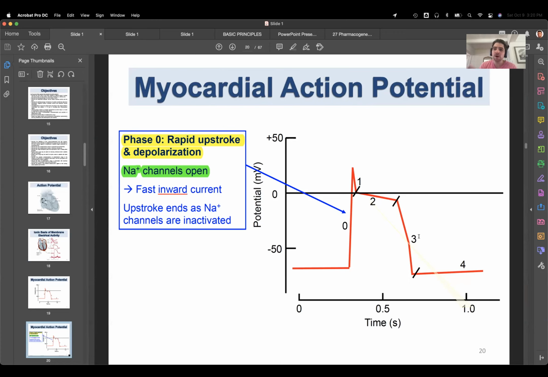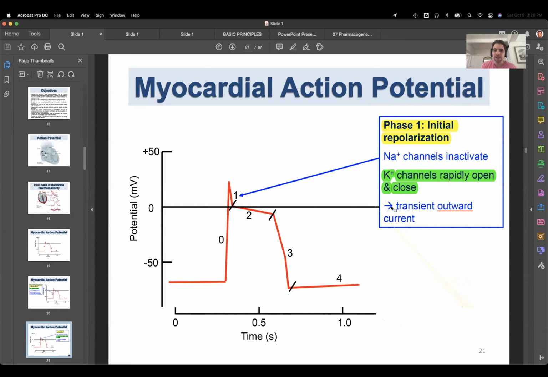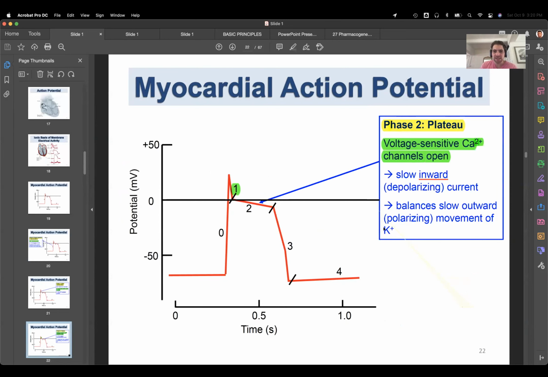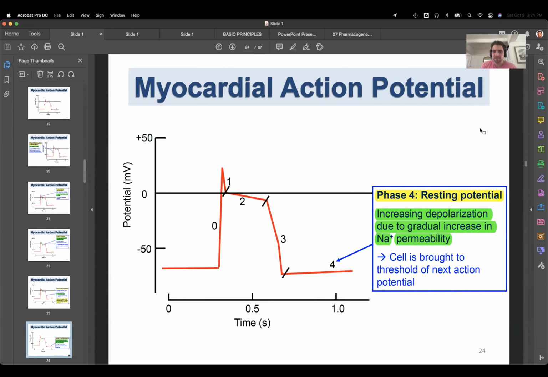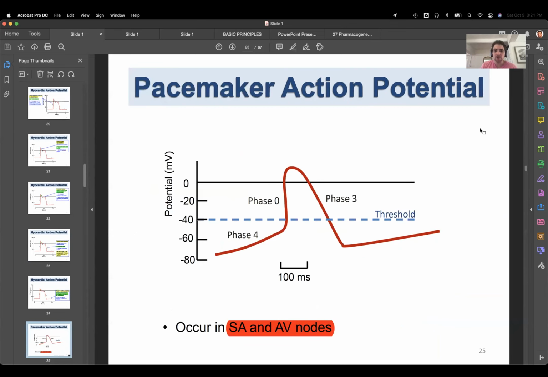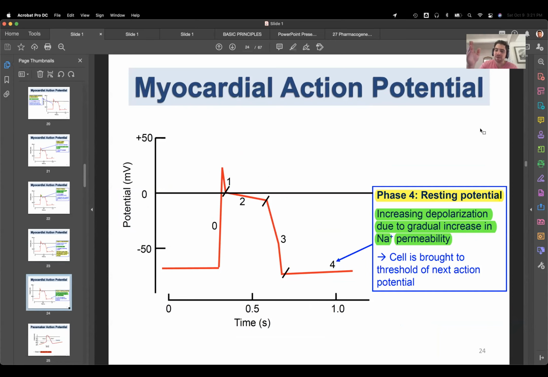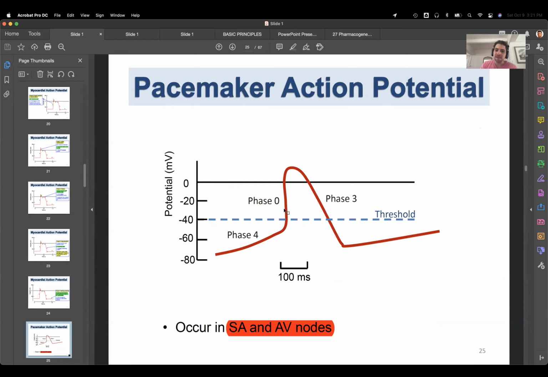Class 2 and class 4 are going to work on the actual nodes, the SA node specifically, okay? So when we look at these, I mean, we've talked about this in FTM and stuff. I want to get to the drugs. So as I said, you can see the two different graphs. Remember, 1 and 3, the sodium and potassium antiarrhythmics are going to work on this. And then 2 and 4, the beta blockers and calcium channel blockers are going to work on this, okay, the pacemaker graph.